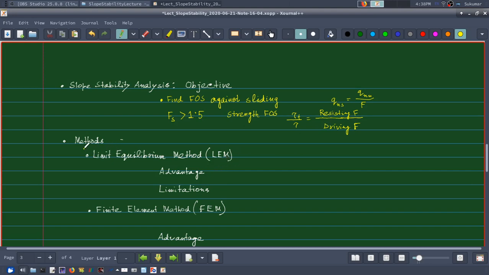Now there are different methods of slope stability analysis. The most commonly applied method is the limit equilibrium method.